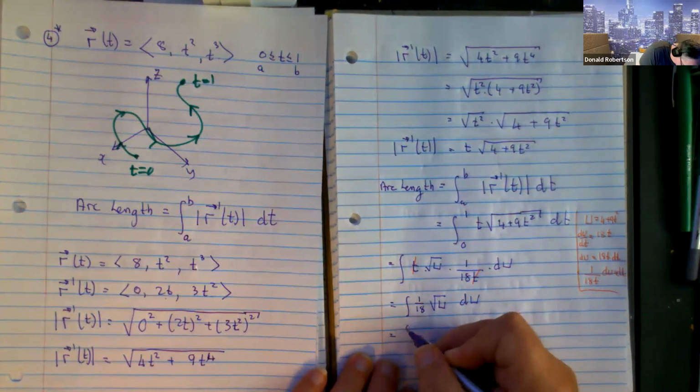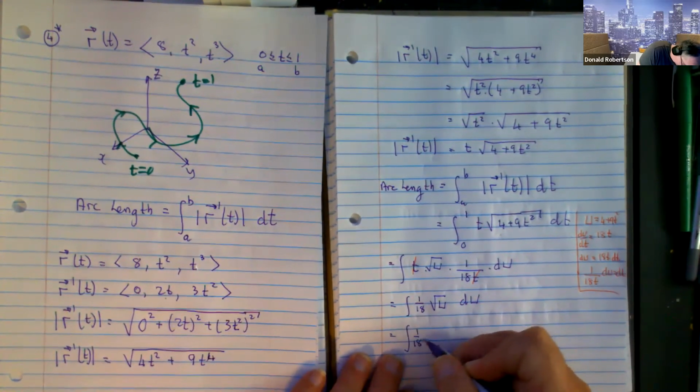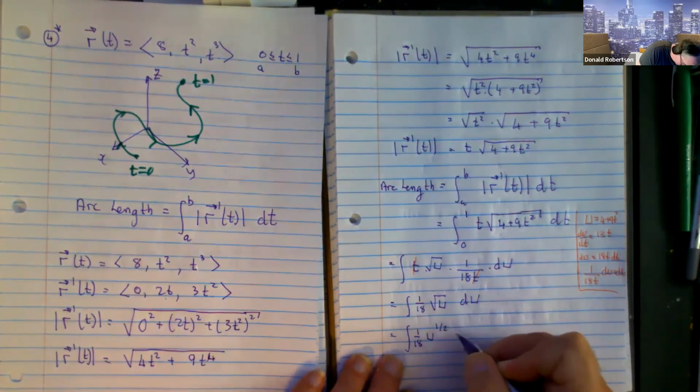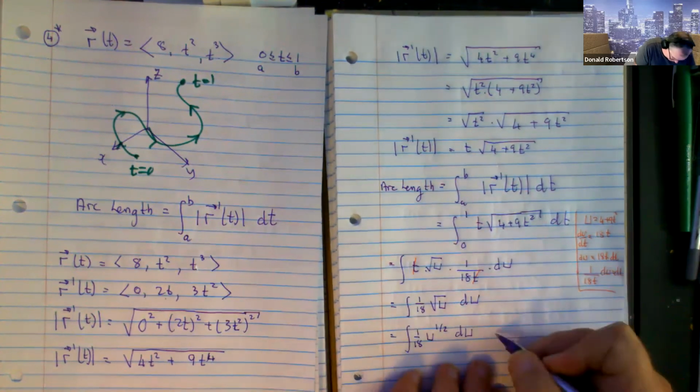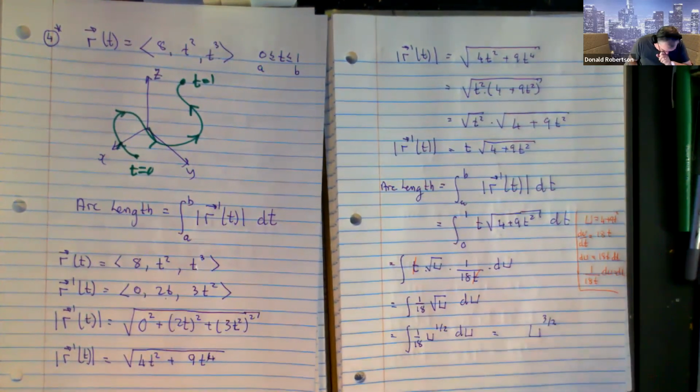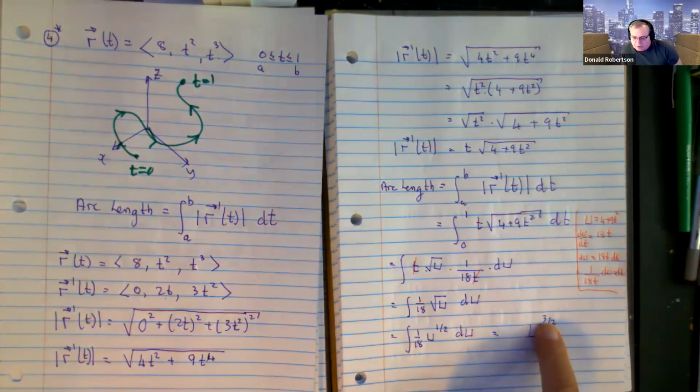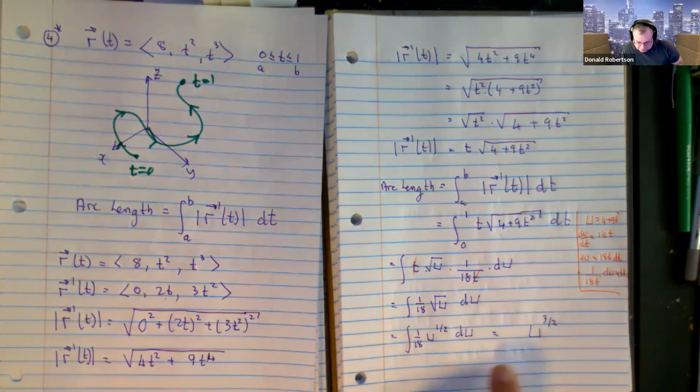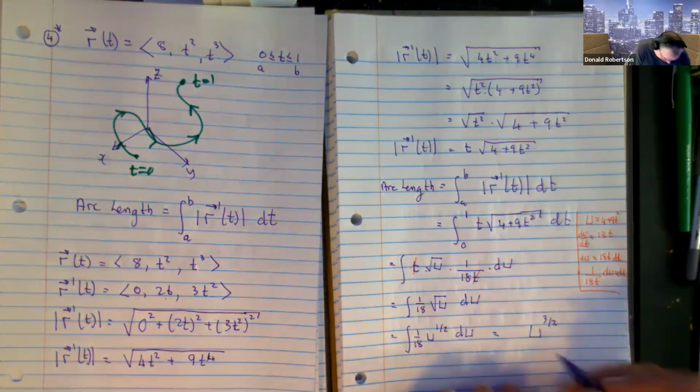Of course, if you want to integrate a square root, you're going to have to call it a half power. You're then going to add 1 to the power and then divide by the new power. Well, dividing by 3/2 is the same as multiplying by 2/3. So if you take this fraction and multiply it by 2/3, you get 1/27th, I believe.